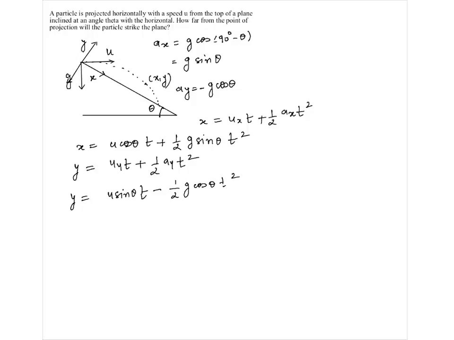Okay? That is for any point in the path, any point. But we are interested in this point in particular, this point. What is special about that point regarding y motion?